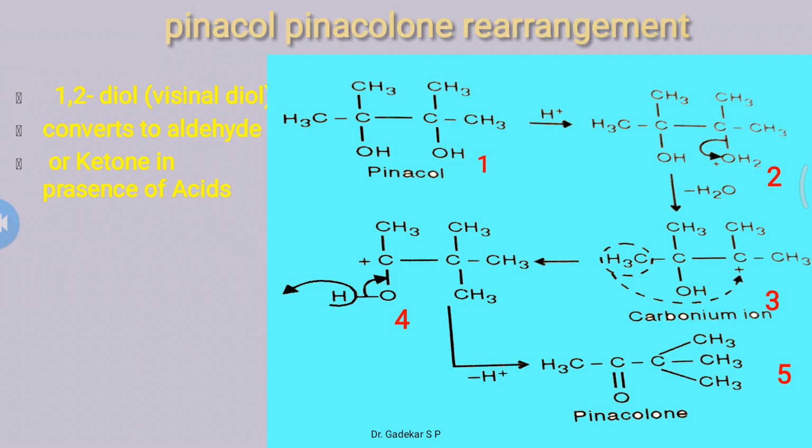What is the Pinacol-Pinacolone rearrangement reaction? In this reaction, a 1,2-diol or vicinal diol converts to an aldehyde or ketone in the presence of an acid, a mineral acid or Lewis acid.